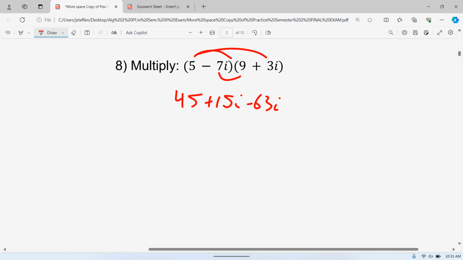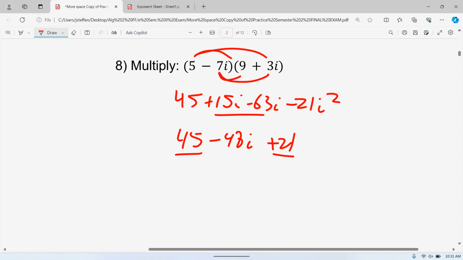And positive 3i is negative 21i squared. So 15 and the 63 combined to get negative 48. 45 minus 48i plus 21. And then 45 plus 21 adds up to be 66 minus 48i.